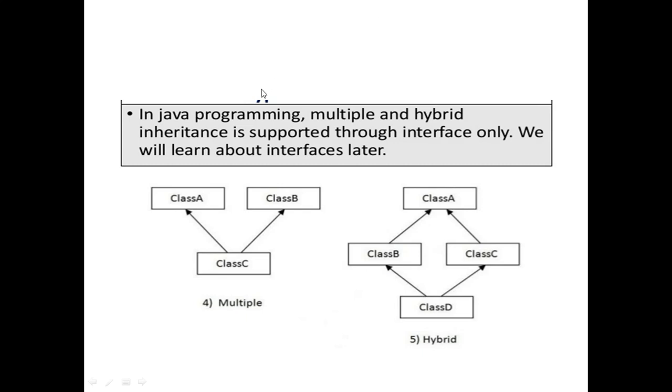See here. For example, suppose class A has one function, for example area. Class B has the same function, area. Now class C acquires properties of class A and class B also. Both classes have the function area.